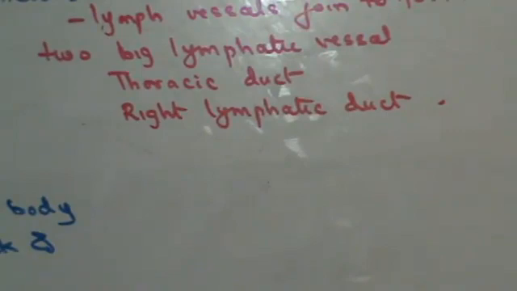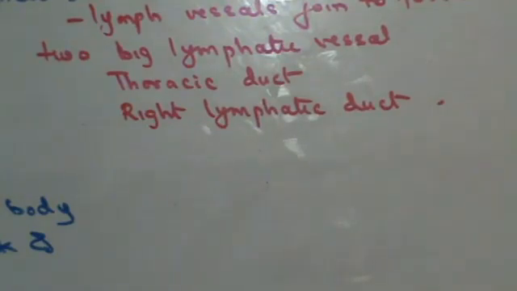Right? So interstitial fluid goes into the lymph capillaries, from there into the lymph vessels, from there into the thoracic and the right lymphatic duct. Right?